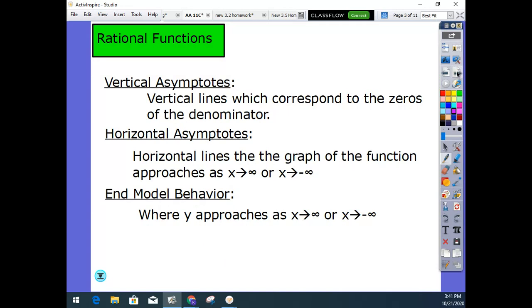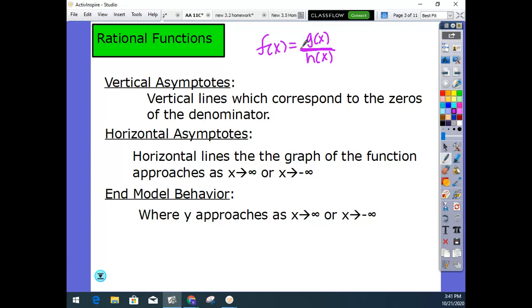So let's remember our rational functions. Our rational functions can be described as any function, let's say g of x divided by h of x. Basically, it's when you have a variable in the denominator that creates a rational function, anything that can be written as a ratio.